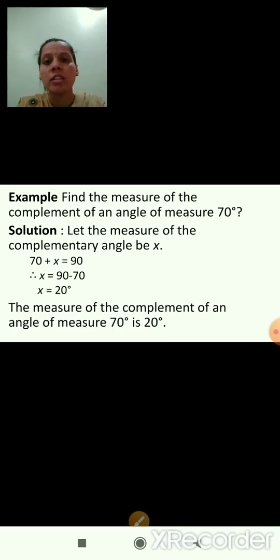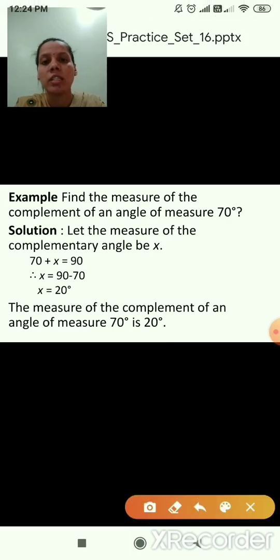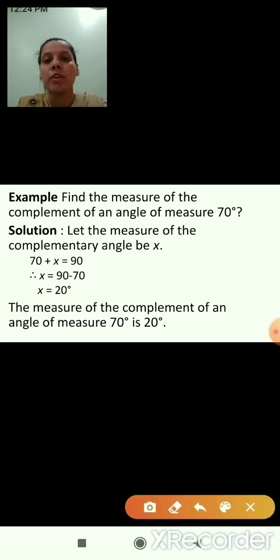In the solution, first we will consider, let the measure of the complementary angle be x. The other angle which is complementary to 70 degrees, we consider as x.